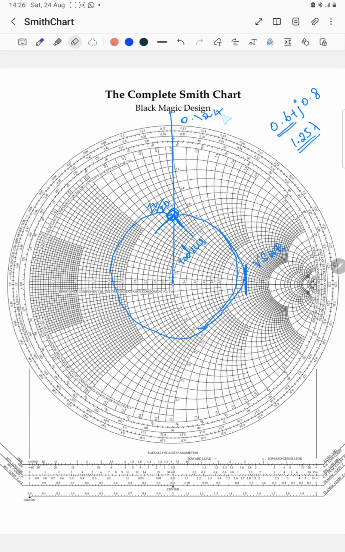Here you should mark the point as 0.124. Why is it 0.124? Because each one unit is represented as 0.002. From this 0.124 you should add 0.25.